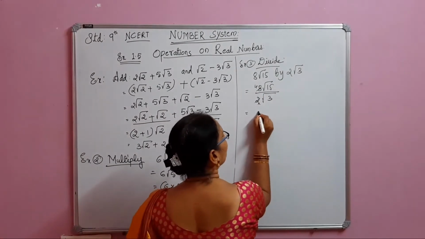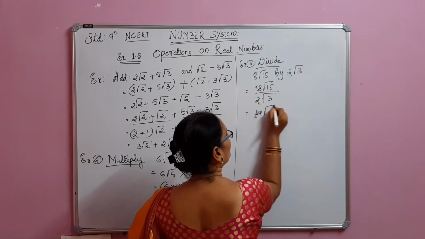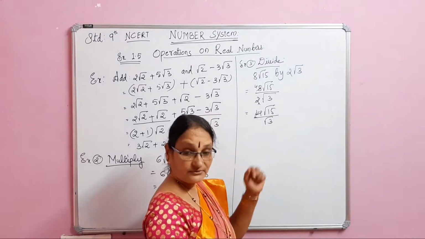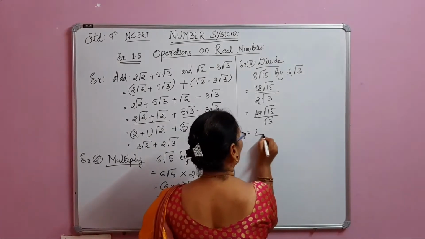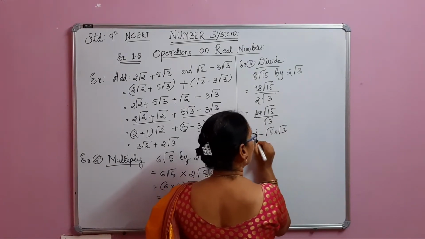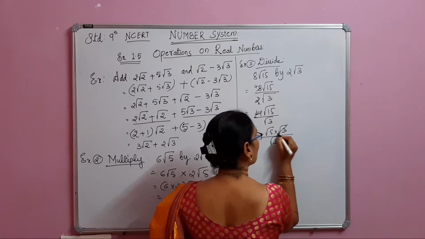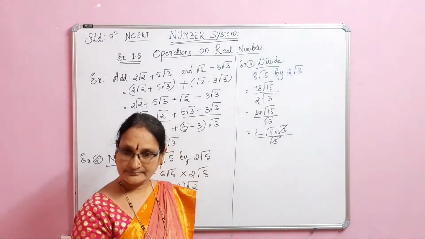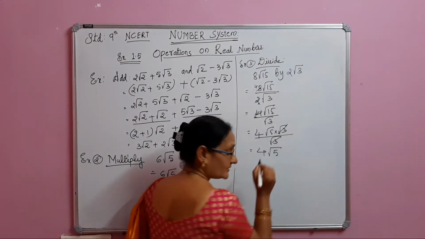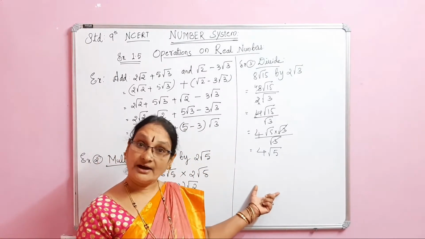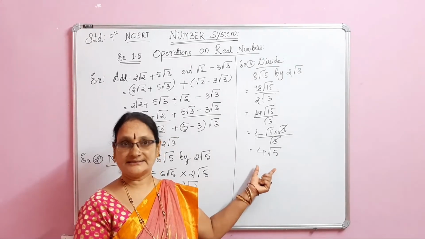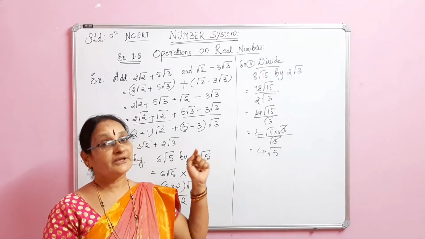So now what have we got? 4 root 15 divided by root 3. This also we can cancel. 4 root 15 can be written as root 5 into root 3 divided by root 3. Now root 3 got cancelled, and we get 4 root 5. Even in division, when we divide two irrational numbers, we get an irrational number. This is the operations on irrational numbers.